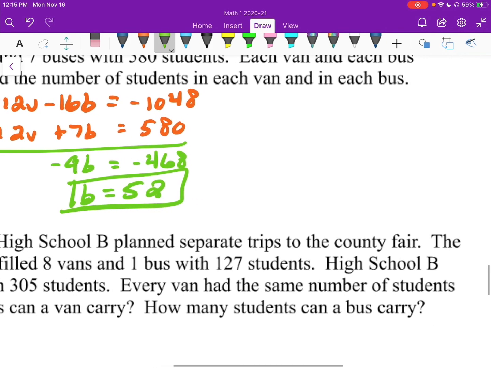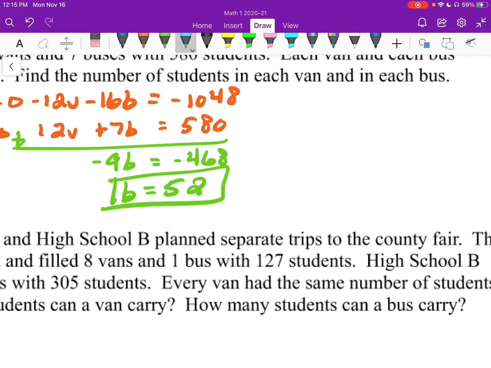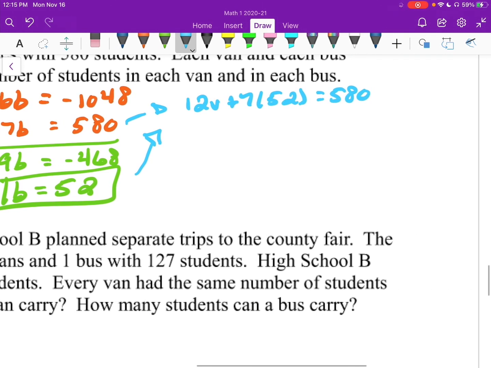We'll take those buses and plug that in. We'll use the bottom one, which looks like it might be a little bit easier. So I'll say 12v plus 7 buses, and we have 52 people to a bus, is 580. So this is 12v plus 52 times 7, which gives me 364, equals 580.